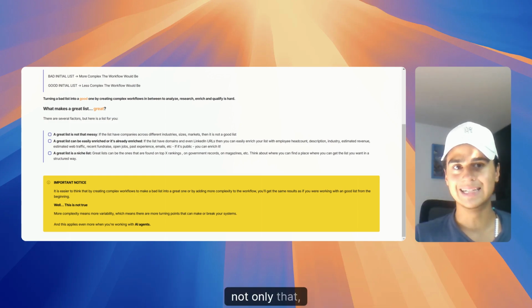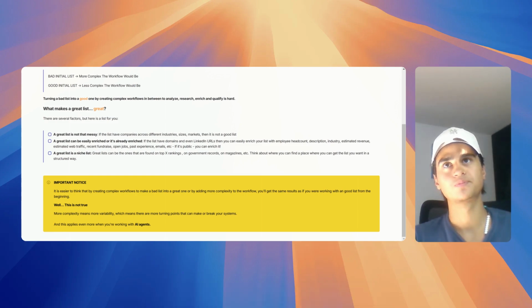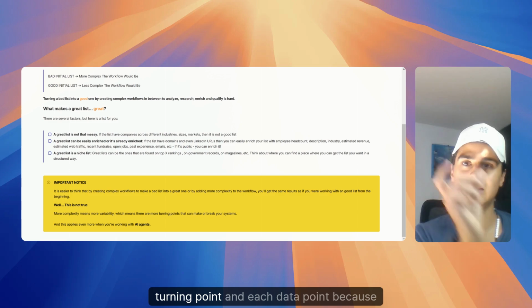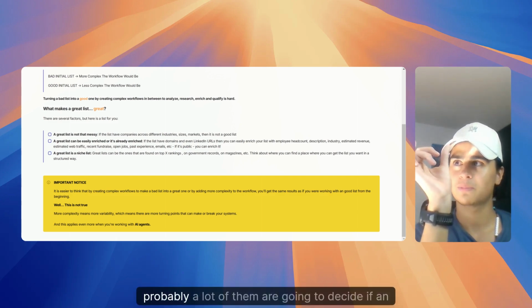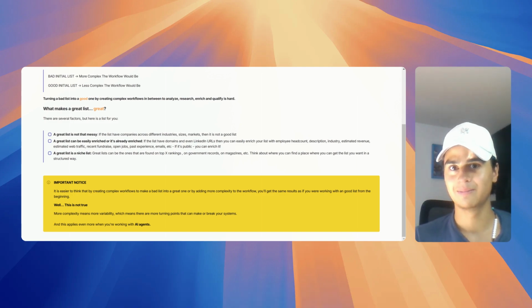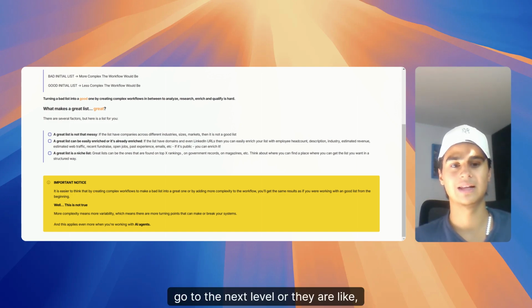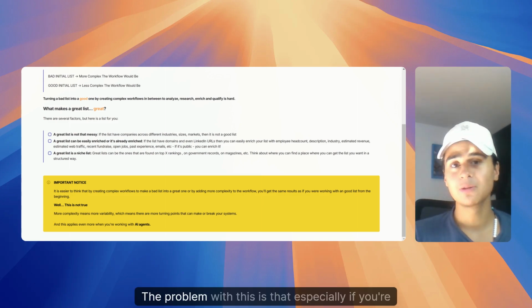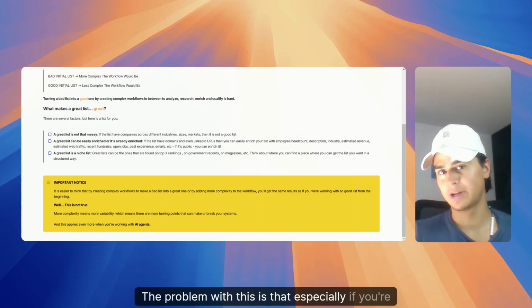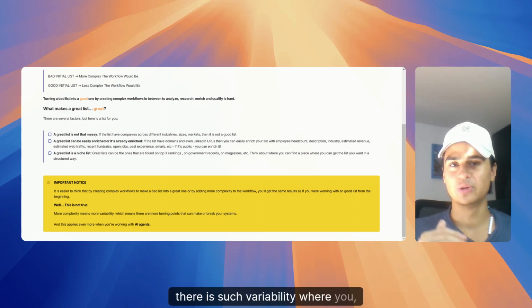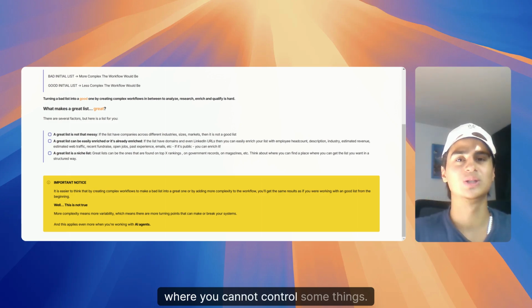Okay, not only that, but if you want to do this, then you have to be really careful about each turning point and each data point, because probably a lot of them are going to decide if an account goes to the next layer, or they are like, hey, you are not a great fit, just move on. The problem with this is that, especially if you're using AI agents, there is such variability where you cannot control some things, right?